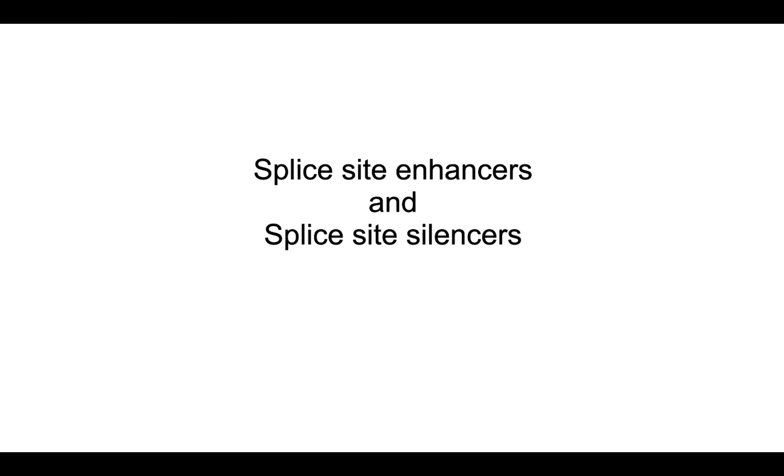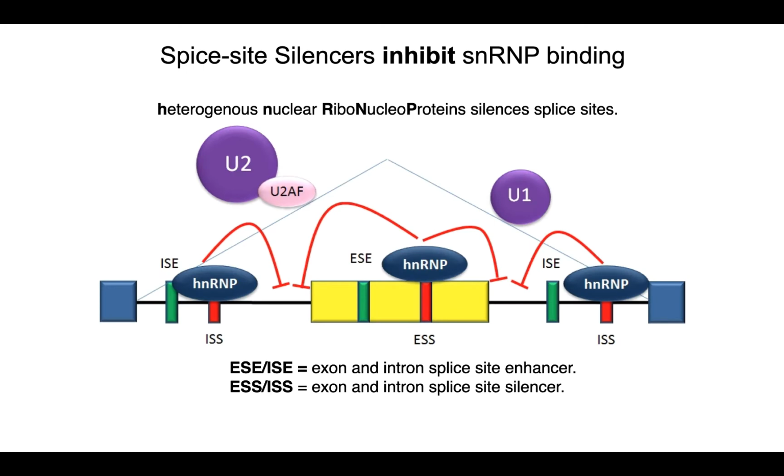And the answer is splice site enhancers and splice site silencers. These are sequences within the DNA that are then, of course, transcribed into the RNA, and they're sequences to which specific proteins bind. Let's take a look at splice site silencers first.